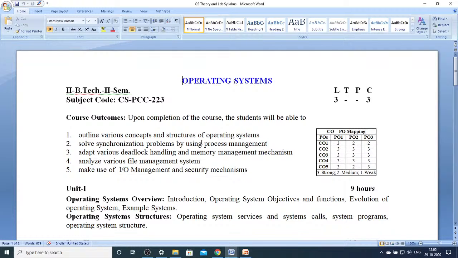And coming to the lab external, we are going to give you the schedule: which roll number, which experiment, that kind of thing, well in advance. Accordingly, you can be prepared with that particular experiment and then appear for the write up also. That practical exam you are going to have immediately after completing the theory write up.